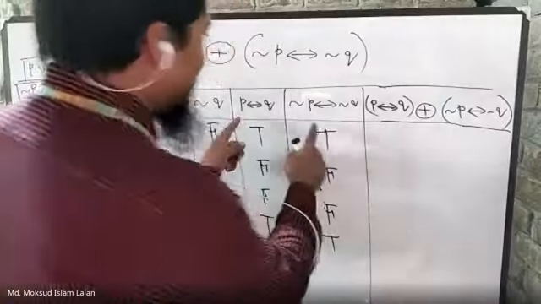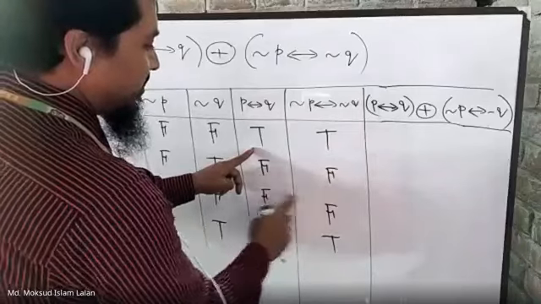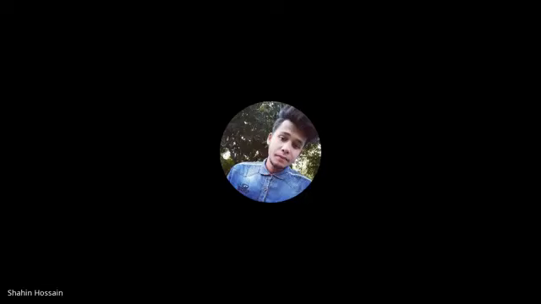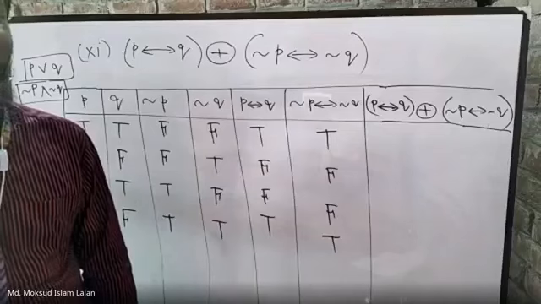No, sir. It will be false between this, so all false. So this one and this one, right? Yes, sir. Not exactly. Lubna, Sanjida, when one is true, then it's true.